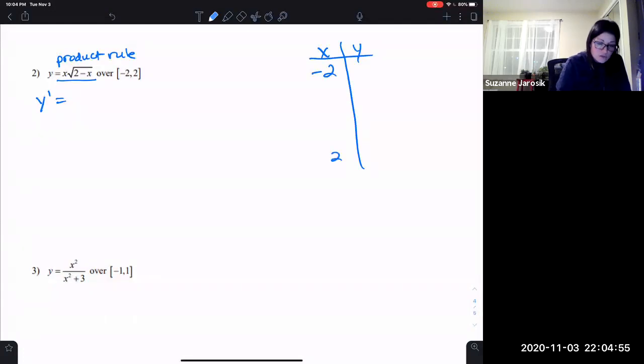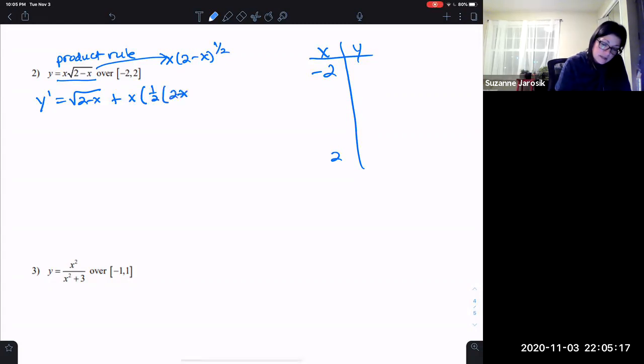Endpoints first. So y prime. I'm doing product rule, remember. So that would mean that it's x times 2 minus x to the 1/2, right? That's what that's equivalent to. So plus x times 1/2 times 2 minus x to the negative 1/2 times negative 1.